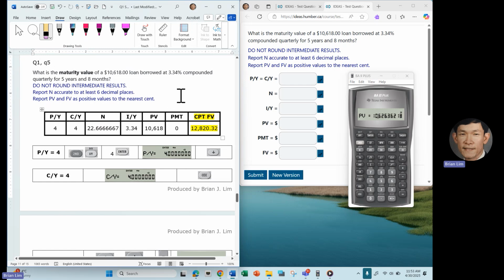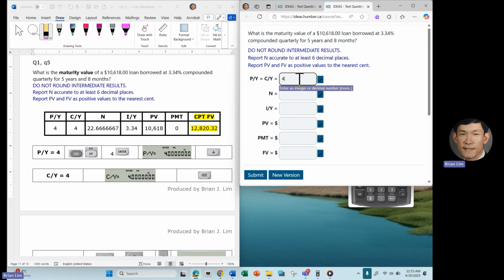The compounding quarterly results in the 4, so PY equals CY. We can enter a 4 in there. We will calculate N. The IY value is 3.34. The present value is 10,618. The payment is 0. And the number we are computing is the future value.